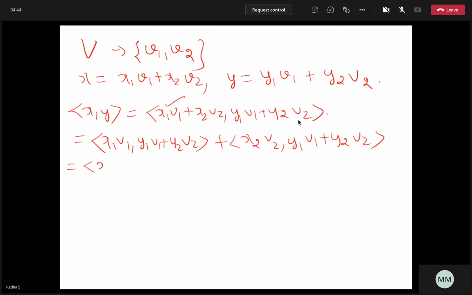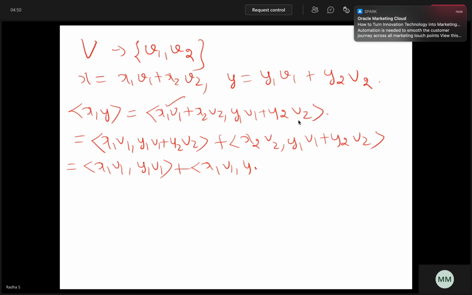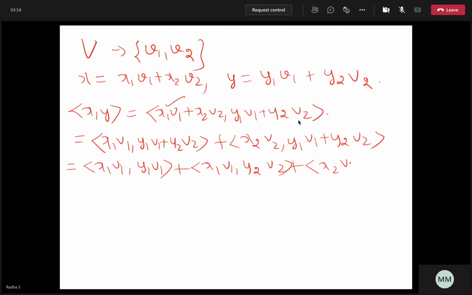So that is x1 v1 comma y1 v1 plus x1 v1 comma y2 v2 plus x2 v2 comma y1 v1 plus x2 v2 comma y2 v2. Is this clear? The way I have split?